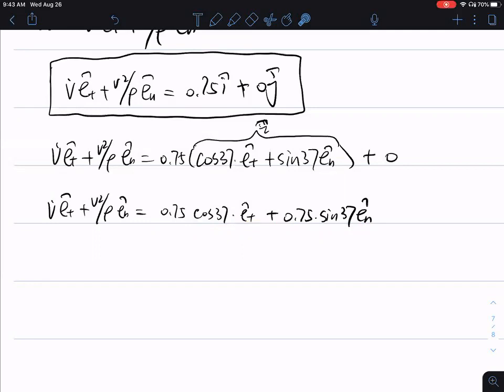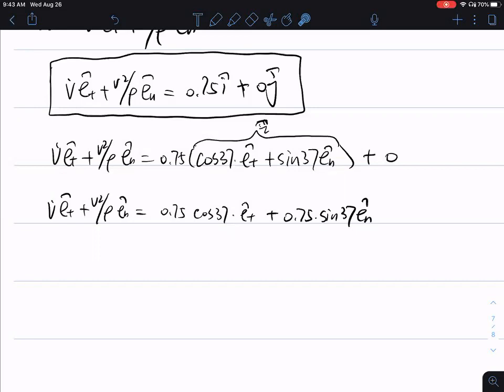That means, in order to make this equation valid, this number, V dot, has to equal whatever is in front of ET. So values in front of ET should equal values in front of ET. Same thing for EN. This whole thing should equal whatever is in front of EN.